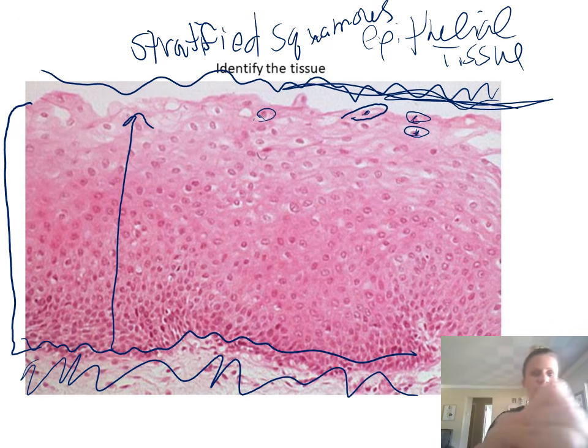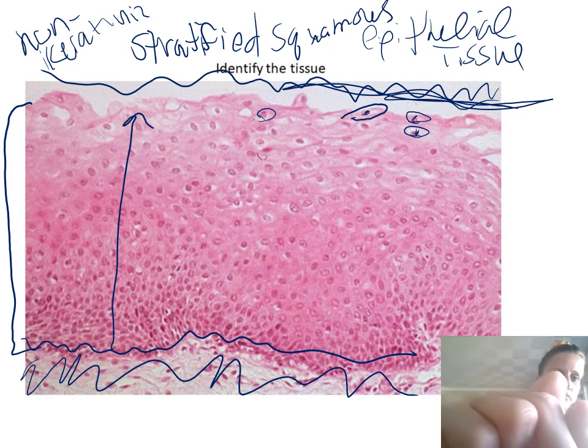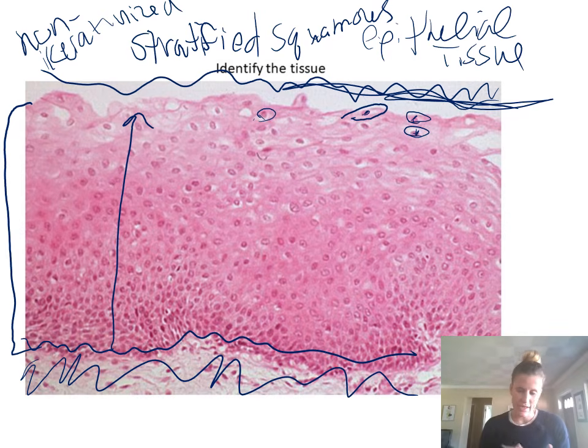So this is non-keratinized stratified squamous epithelial tissue. I think a lot of professors will accept just stratified squamous epithelial tissue, but for bonus points, learn that it's non-keratinized. And again, that would be like lining the mouth or lining the vagina.